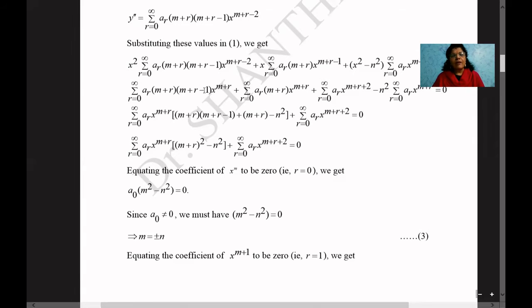What is left out after taking sigma ar x power m plus r? Here we have got m plus r into m plus r minus 1, the first term. Second term we have got only m plus r. And the fourth term we have got only minus n square. And the third term, that is x power m plus r plus 2, I have kept it as it is.